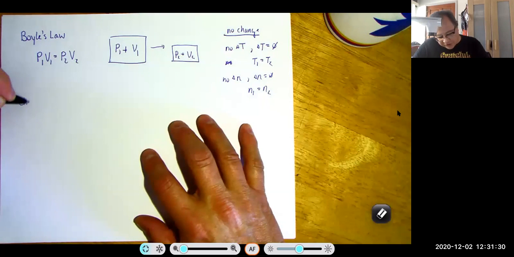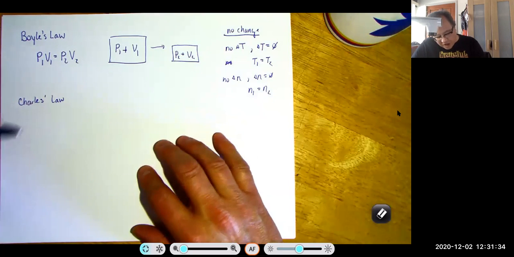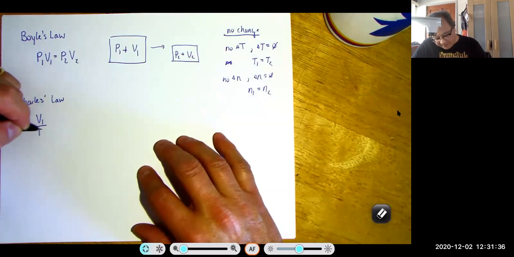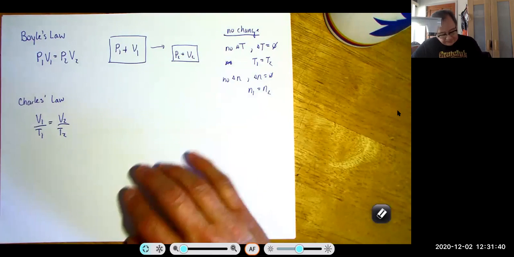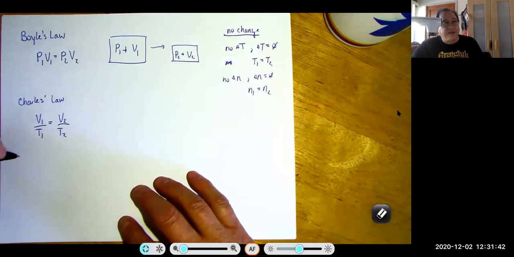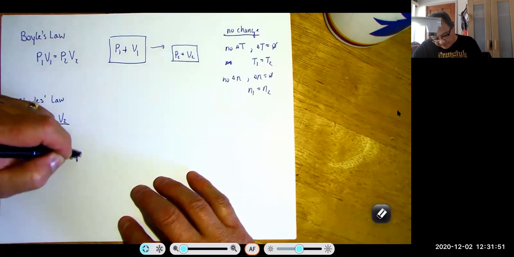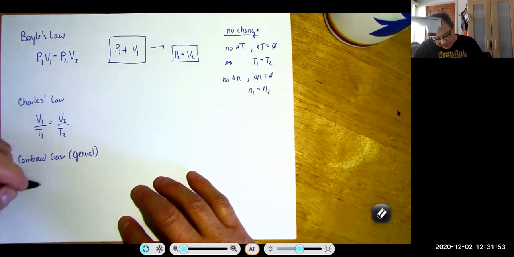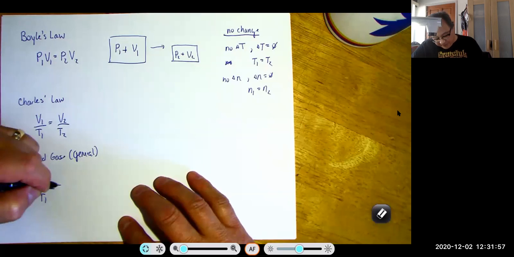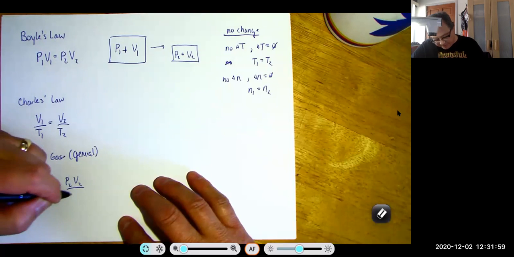There's Charles' law. Charles' law is V1 over T1 is equal to V2 over T2. And then there's the combined gas law. I think your book calls this the general gas law. The general gas law is P1V1 over T1 is equal to P2V2 over T2.